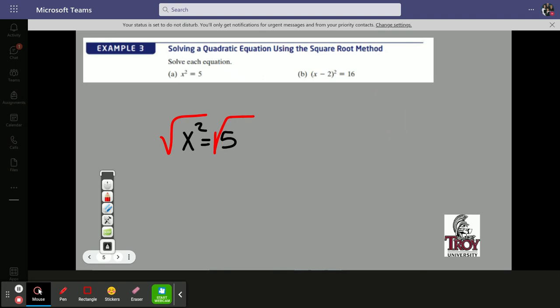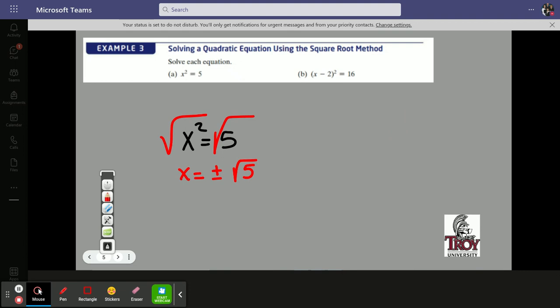Square root of x squared is plus or minus square root of 5. Just taking the square root of both sides, right?